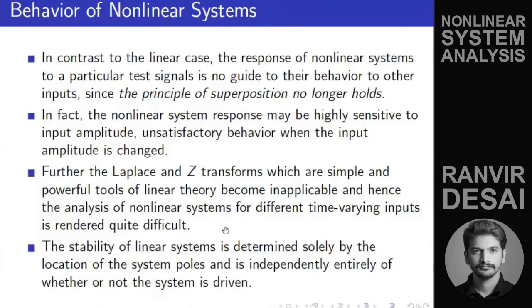Yes, so you might say, why are we doing this? Like I told you, aeroplane. Think about that. The stability of a linear system is determined solely by the location of system poles and is independent entirely of whether or not the system is driven. This is coming from BIBO stability.